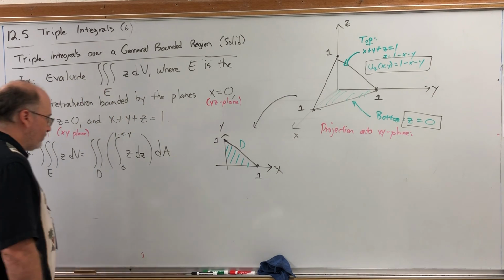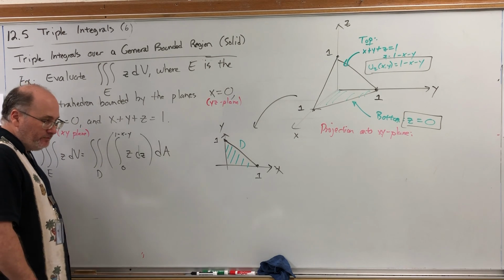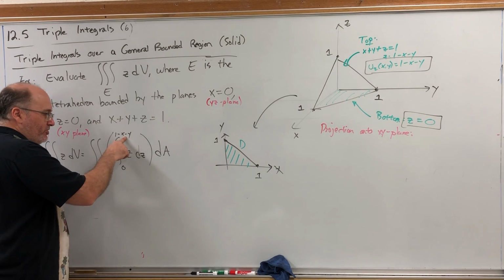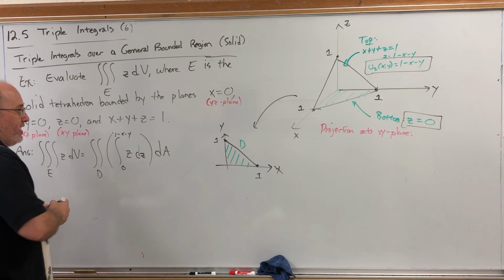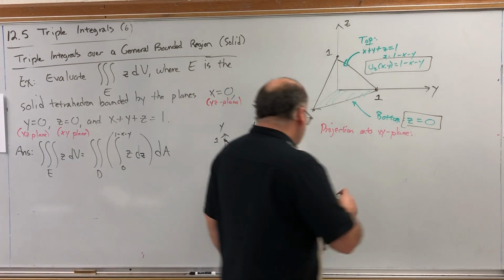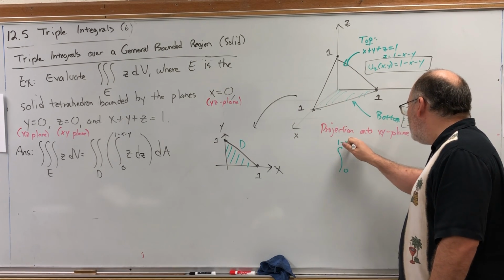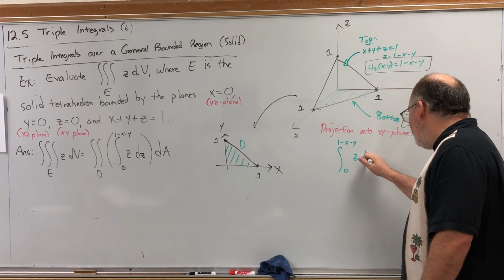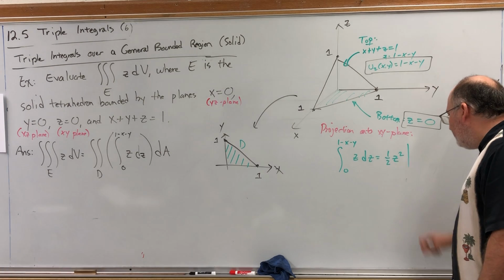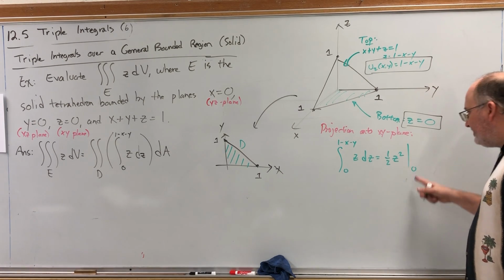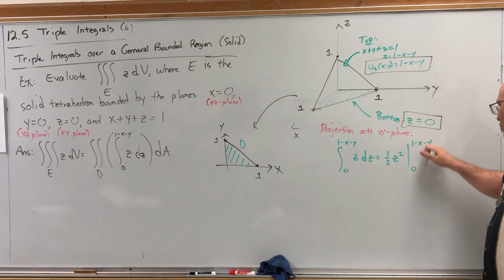Well, the dz integral is pretty straightforward. The integral of z is 1/2 z squared. And we're going to evaluate it from z equals this to z equals that. Let's go ahead and just work that out over here. I'm just looking for room to write things. Integral from 0 to 1 minus x minus y of z dz is 1/2 z squared from z equals, well, I'm just going to write 0 because z is the only variable here, to 1 minus x minus y.